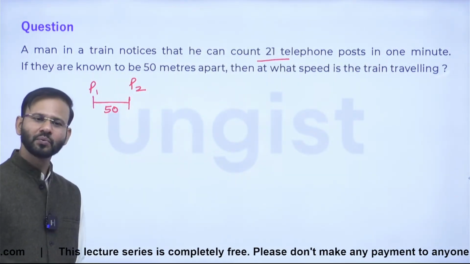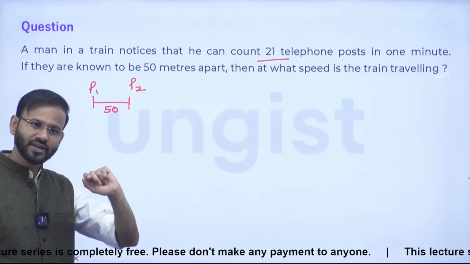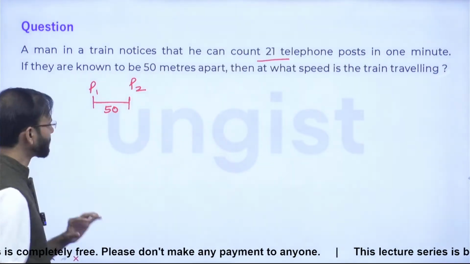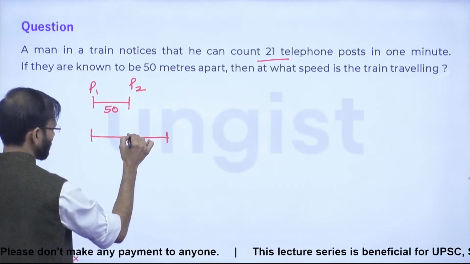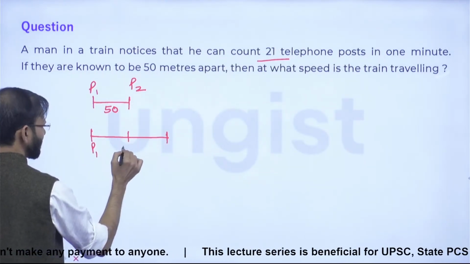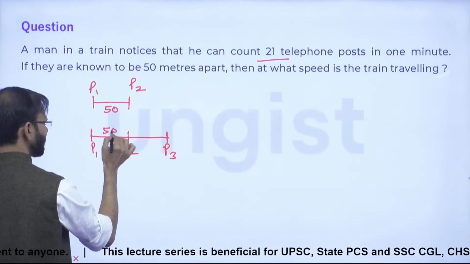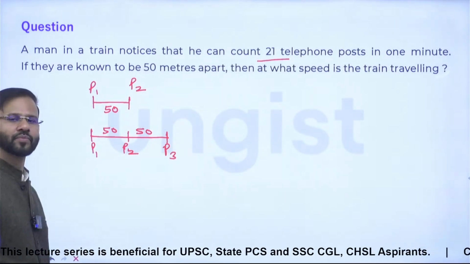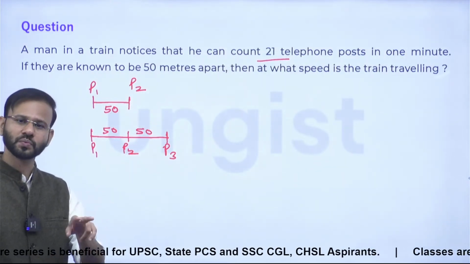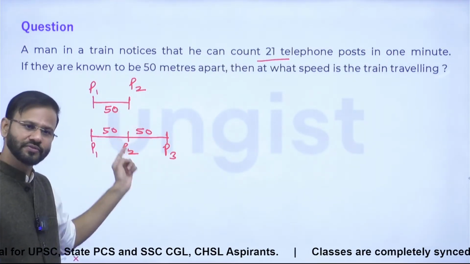Then what is the total distance between them? 50 meters. If there are 3 poles, pole 1, pole 2 and pole 3, then what is the distance between them? This is 50 into 2, right? This was 50 into 1, this was 50 into 2.